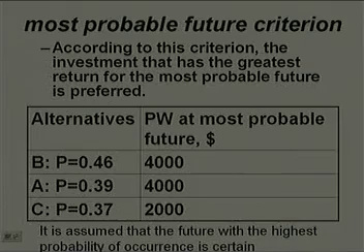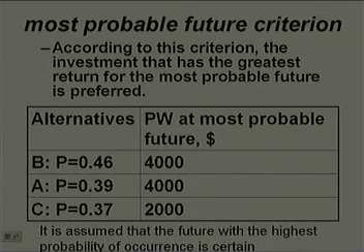For alternative A, I think that I will be getting a return of $4,000, and for alternative C, I hope that I will be getting a net present worth of $2,000 because these values are associated with the maximum probability values. And I am assuming here that the future with the highest probability of occurrence is certain, is bound to happen.